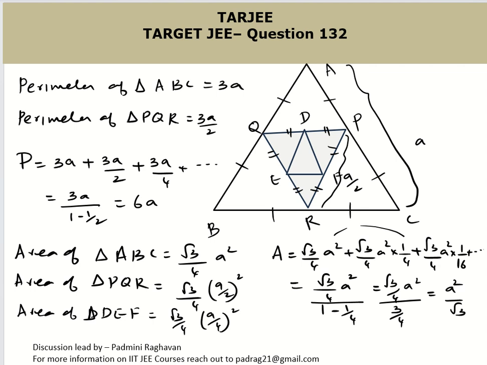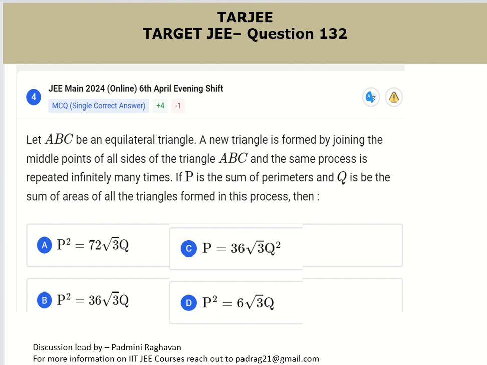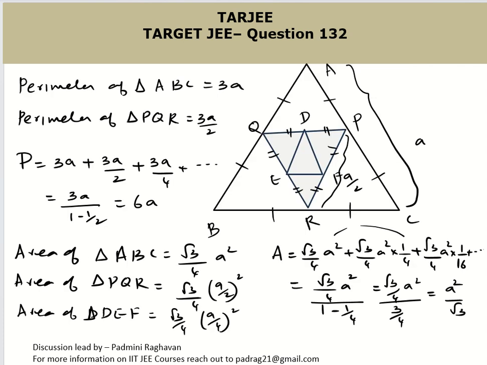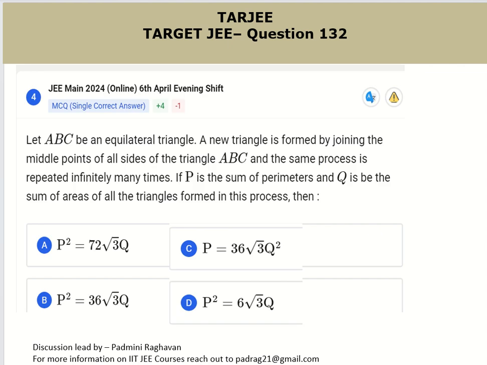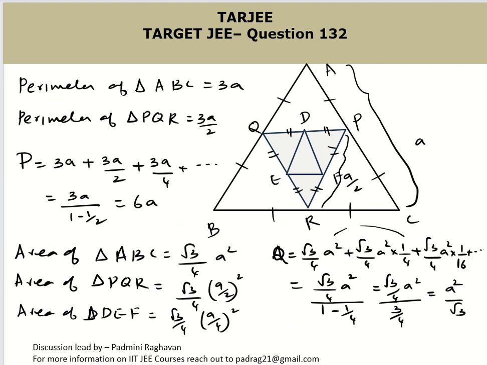So I think the relations look like it is in terms of Q, the sum of the areas. I'm sorry, it is not A. Q is the sum of the areas. So they are talking about a relationship between P square and Q. Let's find out P square. P square is going to be 36A square, and you can see from here A square is equal to root 3Q.